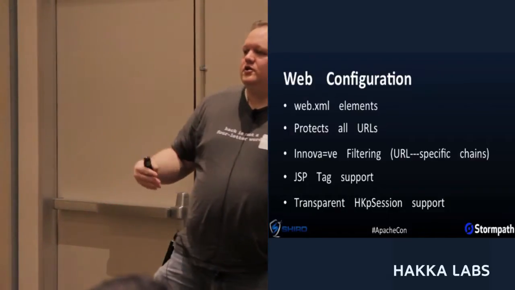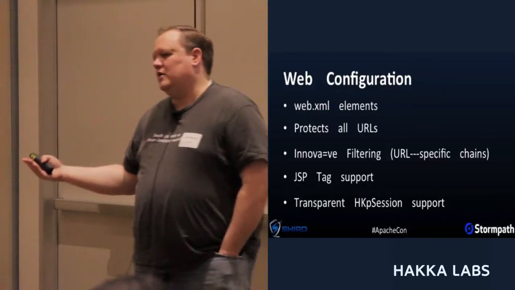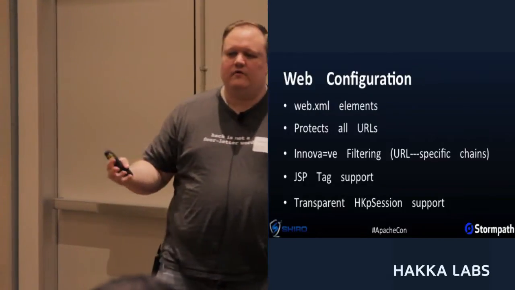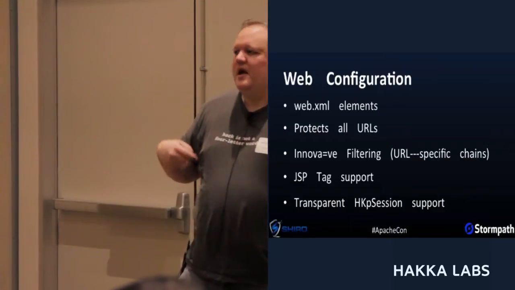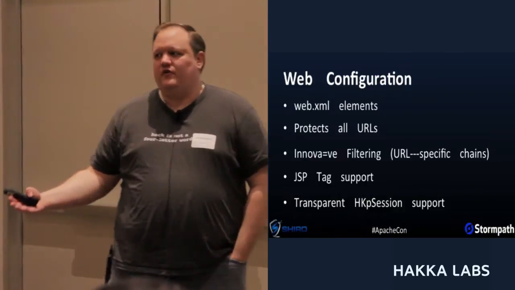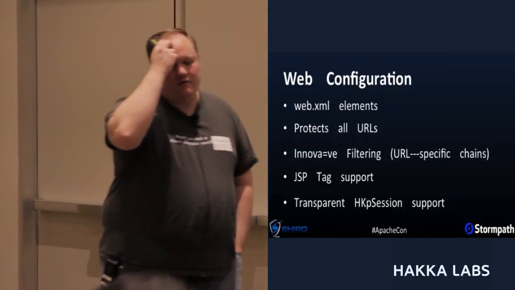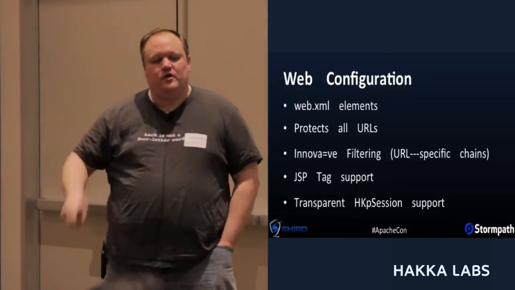Shiro will make these decisions before they ever hit your application code, and either send a response back or redirect to a login screen, what have you. There's all sorts of behaviors that you can support in your application because Shiro is filtering all requests. There's some really cool innovative URL filter definitions that Shiro has.